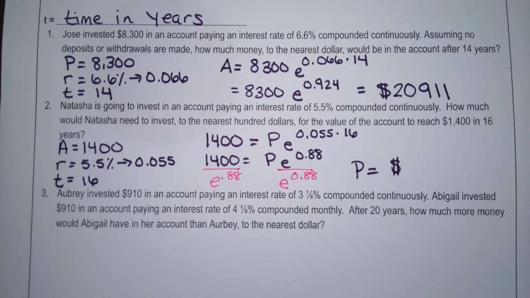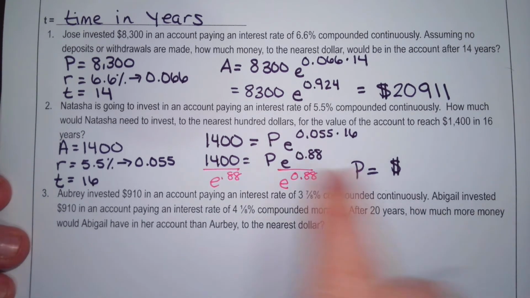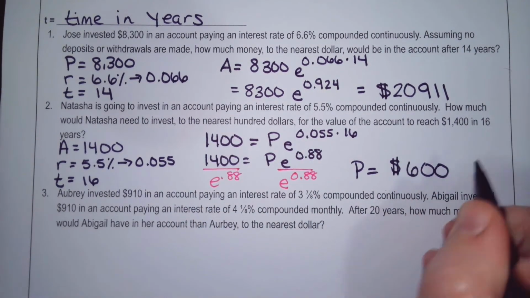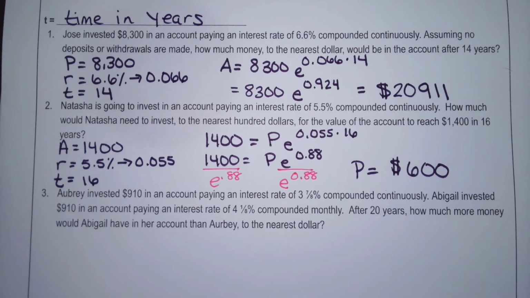So 1,400 divided by E to the power of 0.88. And we get $580, but since they want us to round to the nearest 100, we're going to round up to $600.